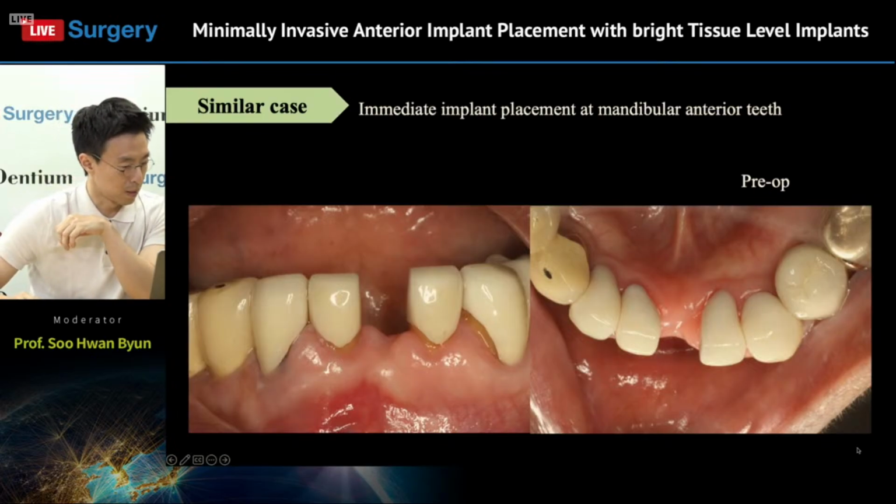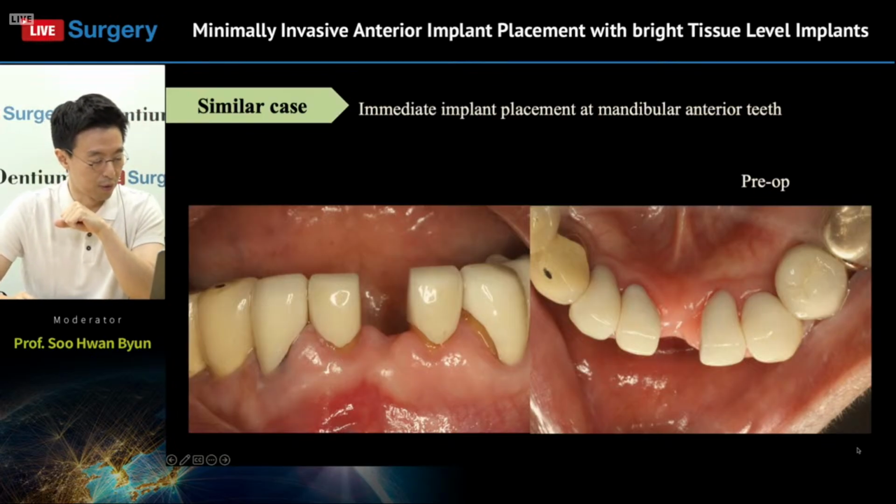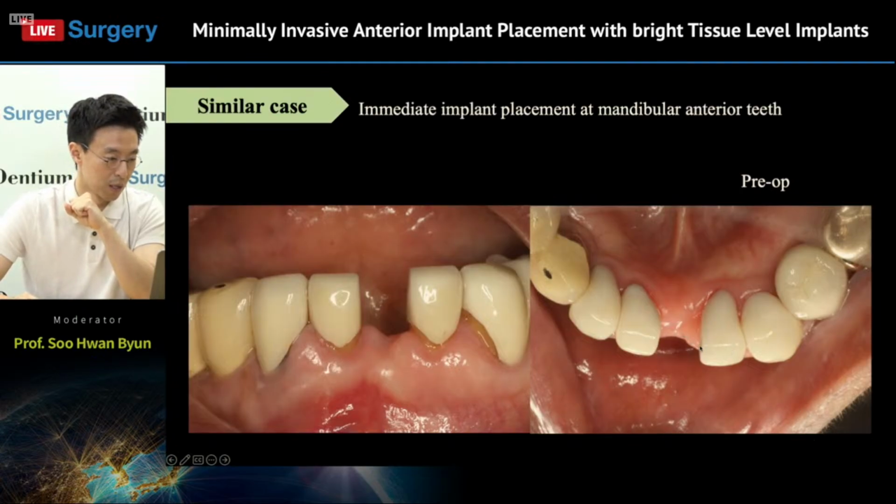This is a clinical photo 2 months after extraction. The ridge is narrow and thin, so I decided to use a 2 millimeter diameter tissue level fixture.